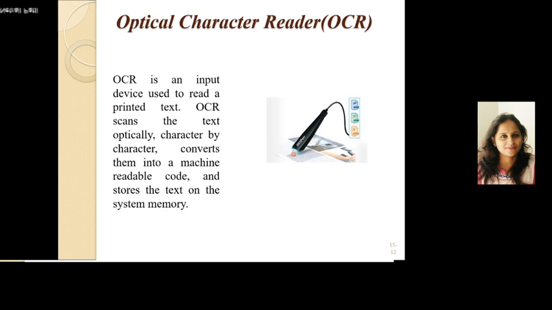OCR is a device which detects alphanumeric characters printed or written on paper, and the text which is to be scanned is illuminated by a low frequency light source. The light is absorbed by the dark areas but reflected from the bright areas. The reflected light is received by the photo cells.